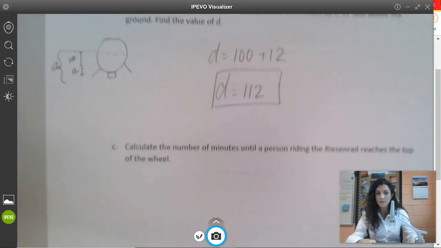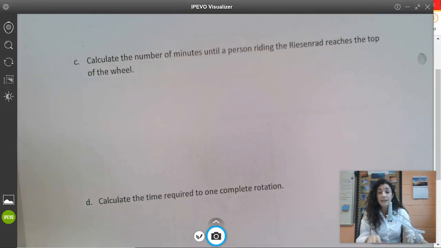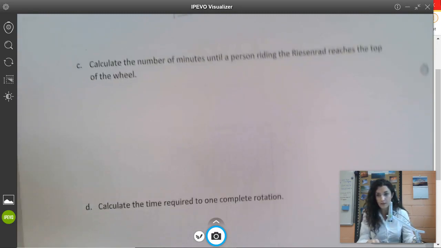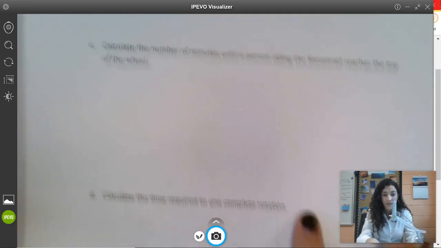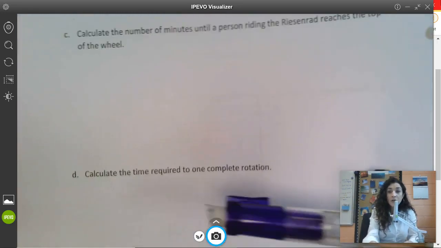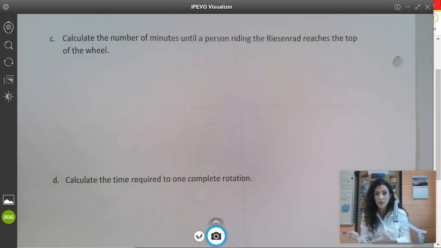Now it says calculate the number of minutes until a person riding the Riesenrad reaches the top of the wheel. Notice, separate question, separate from A and D, because you can get follow-through points here. No matter what you put down for A and D, you get follow-through points as long as you put them into the equation and find the maximum from that equation.